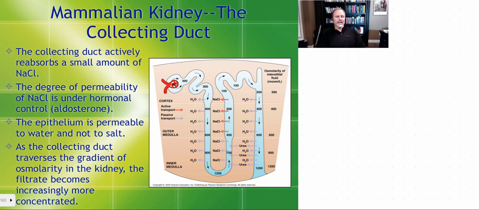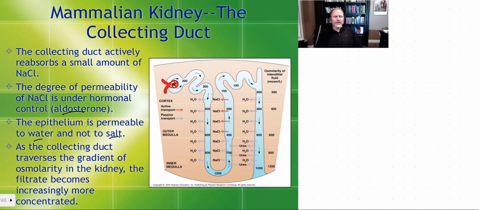So the collecting duct now is what's going to be actively reabsorbing some sodium chloride, and the degree to which we are permeable to the sodium chloride is under the control of aldosterone, which we'll talk about in the next section. And the epithelial tissue really is going to be permeable to the water, but not the salt.